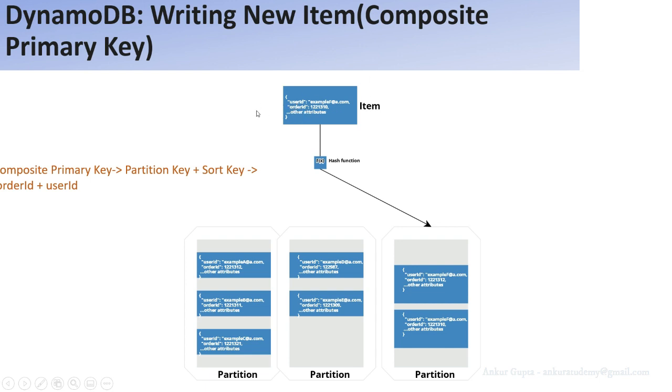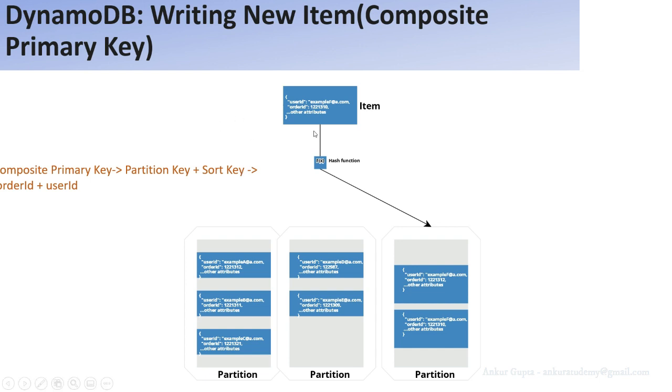So we can create composite ID in scenarios where you need to query, for example, your table by user ID, and you want to fetch all the order IDs, or you just need to fetch a single order for a user. So in this case, you can use composite ID, and you can fetch your data for user ID. Let's say you get 50 different items, and then you can filter those items using your sort key.